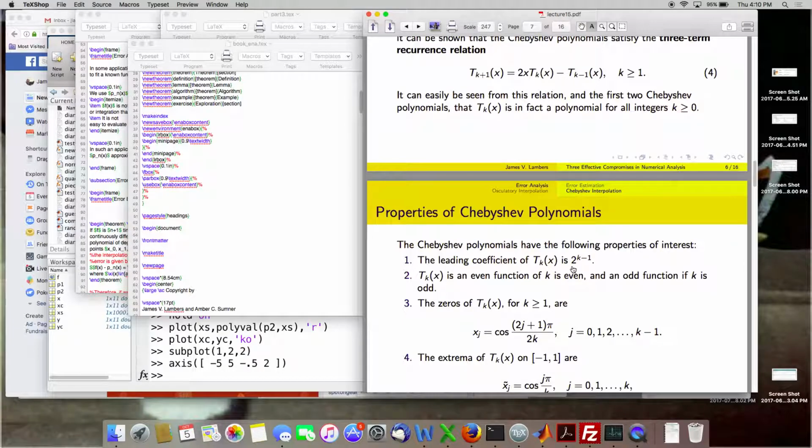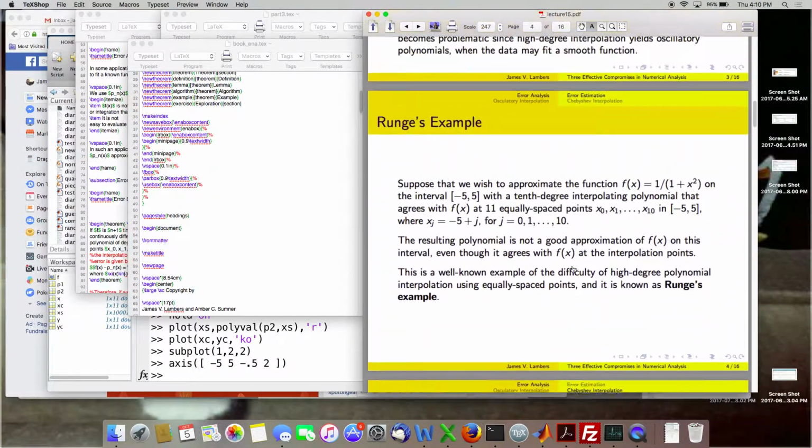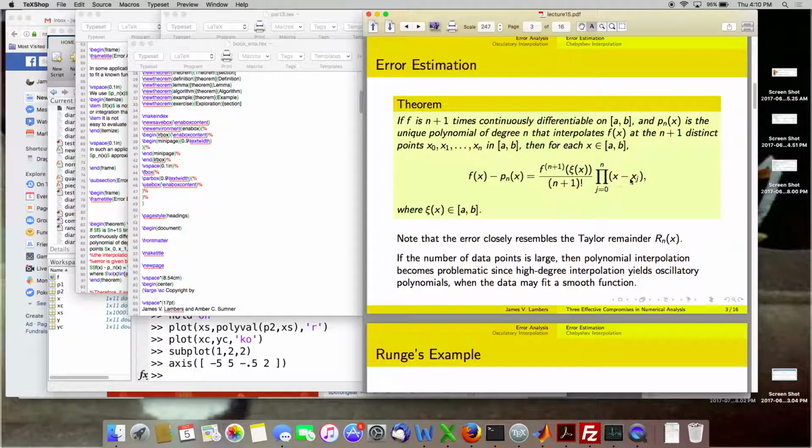So in this case, we have a Chebyshev polynomial of degree n plus 1. Therefore, the leading coefficient is 2 to the n. So in other words, this part of the error is actually the Chebyshev polynomial of degree n plus 1 divided by 2 to the n.